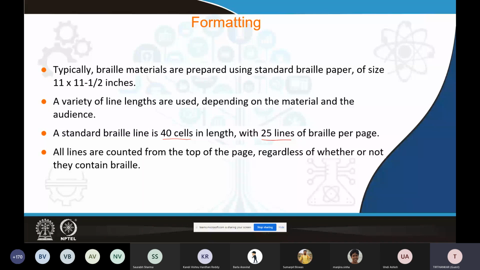And the book becomes very large also, because this page size is also fixed, right? So there is a fixed dimension of 11 by 11.5 inches. So it's almost 1 foot across length and breadth, and the entire book becomes very large and bulky.